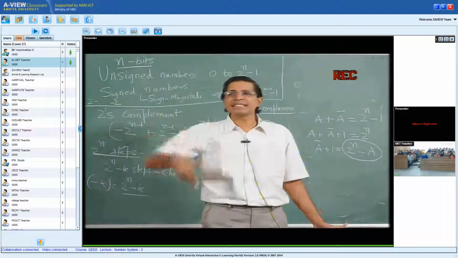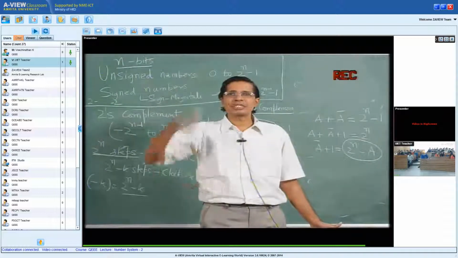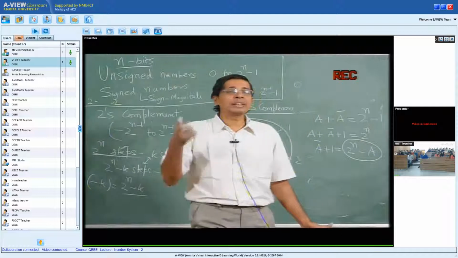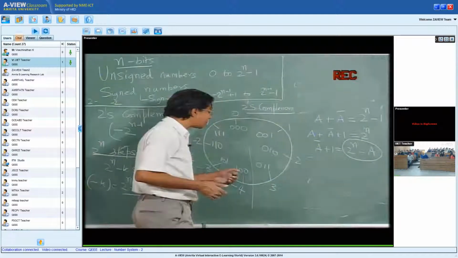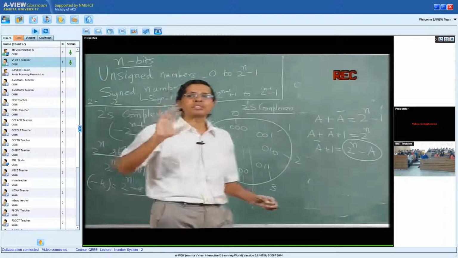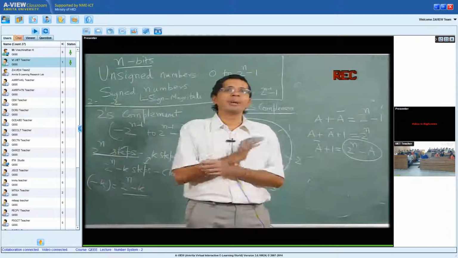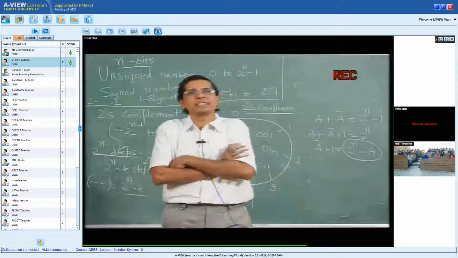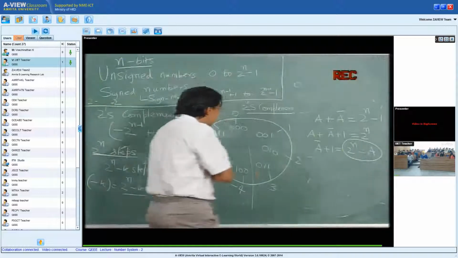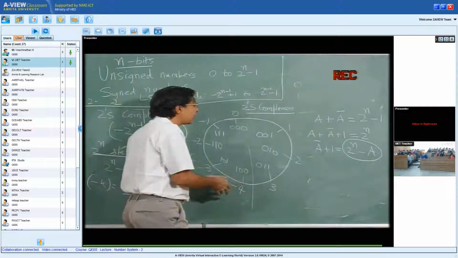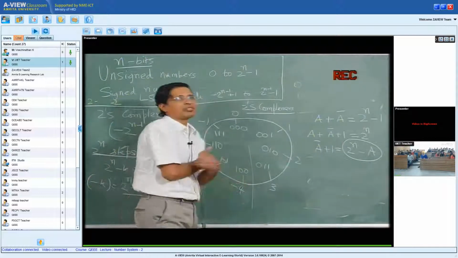There your -16 will actually be mentioned as 16, but it is not 16. Please note, gentlemen, that if I have the last bit as 1, it is not a positive number. It is a negative number as per the 2's complement representation. Now your -4 essentially became the decimal equivalent of +4 because it is exactly on the half.